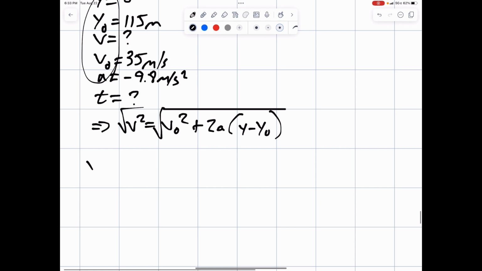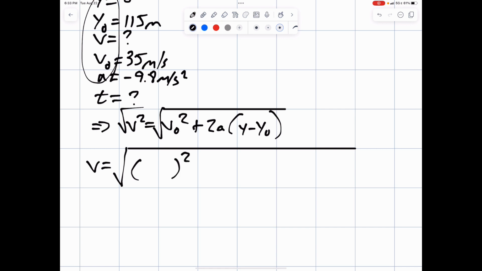Okay, plug in. We're going to go 35 squared plus 2 times negative 9.8 times 0 minus 115.